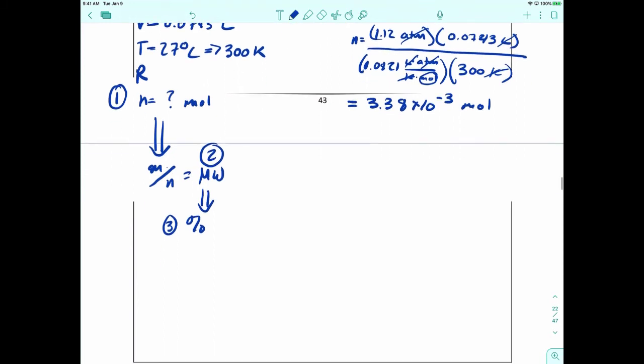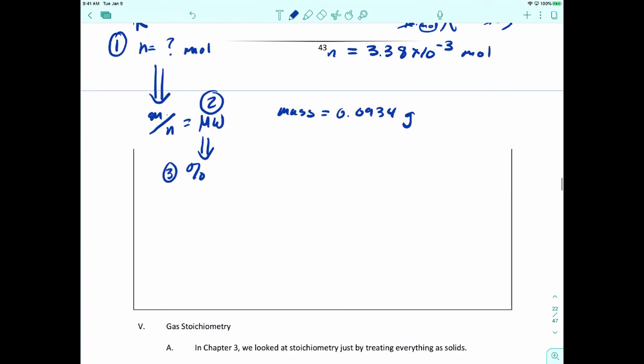All right. So now that we know what N is, to get to the second part, we take the mass, because in the problem we're told the mass was 0.0934 grams.